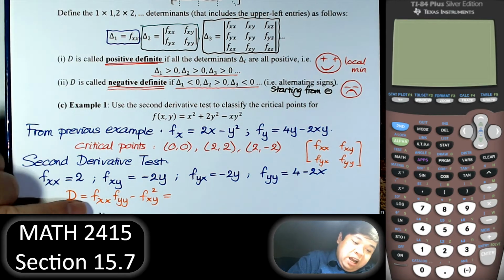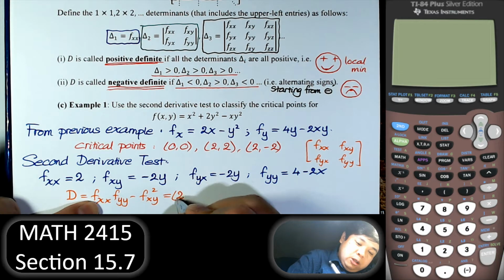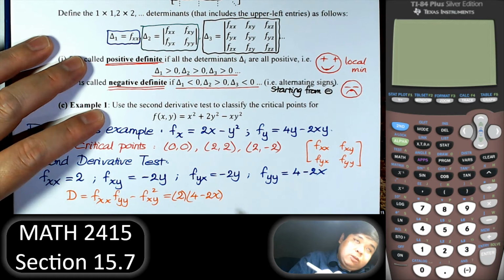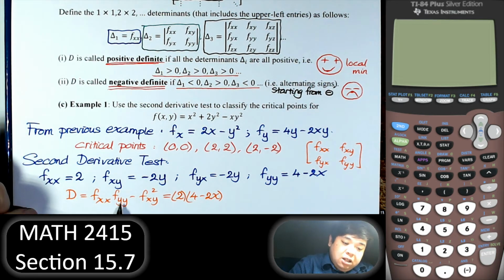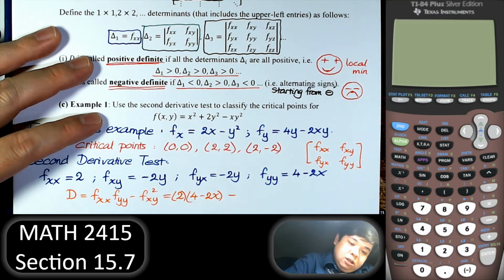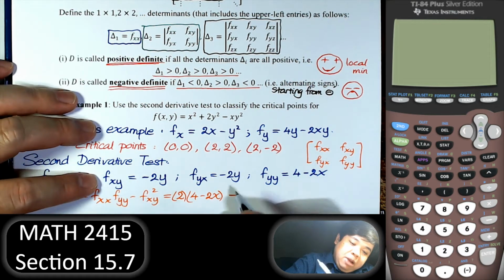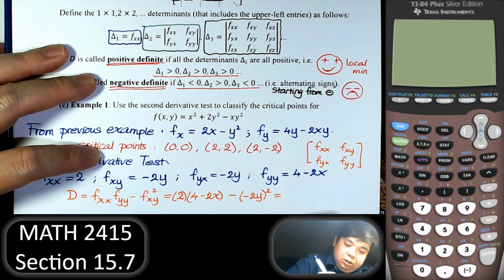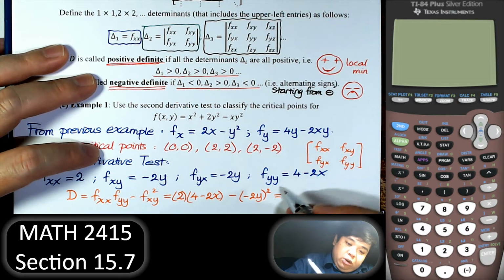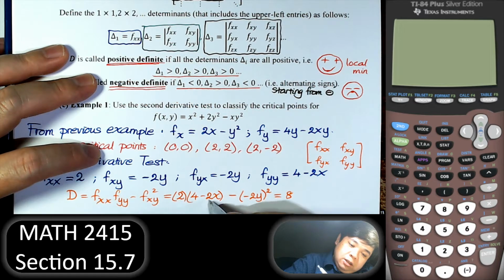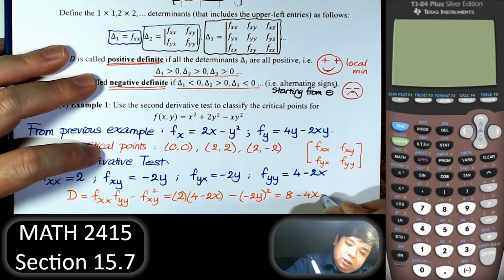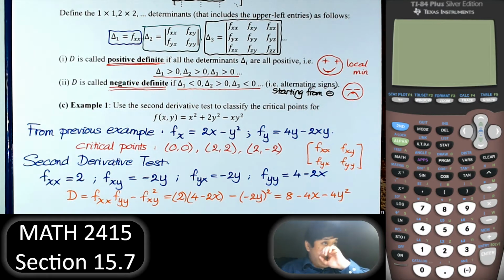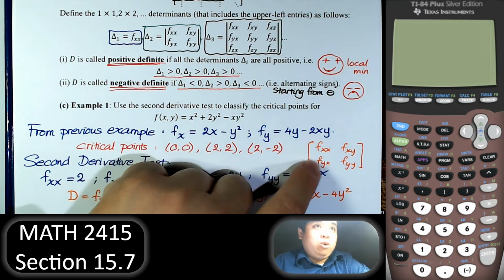So we're going to put fxx is 2, fyy is 4 minus 2x, fxx times fyy minus fxy squared, so we're going to have 8 minus 4x minus 4y squared. So that is the discriminant, which is the 2 by 2 determinant of this matrix.